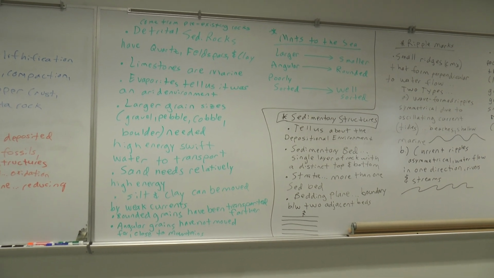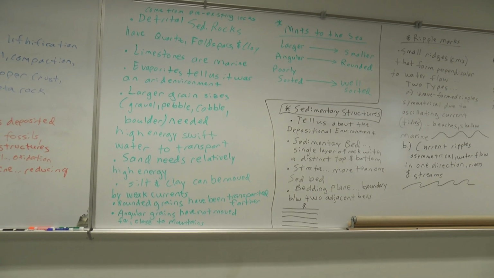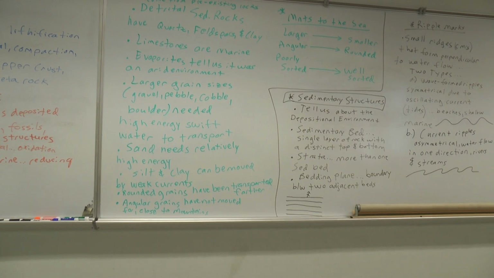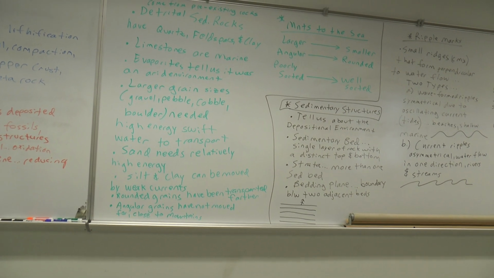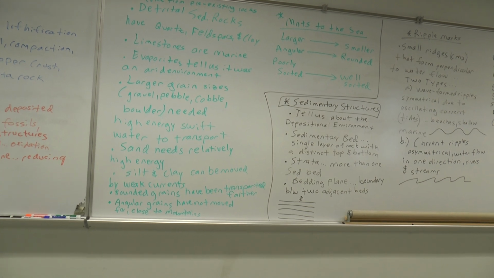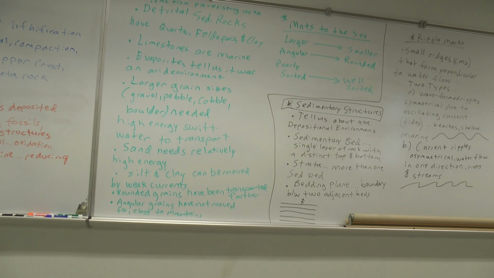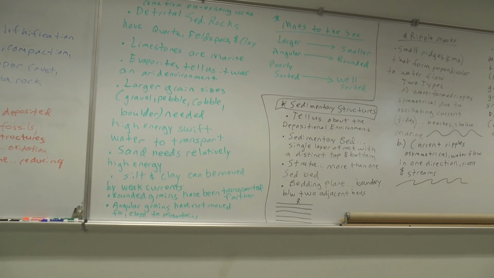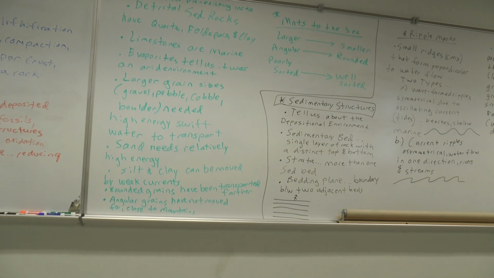Silt and clay are our smallest particle sizes, and they can be moved by very weak currents. Rounded grains have been transported further away from the mountains where the sediments might have first weathered out of the rock.